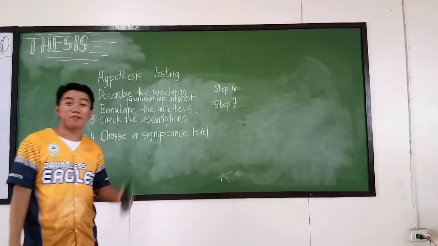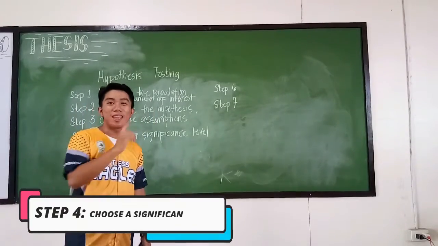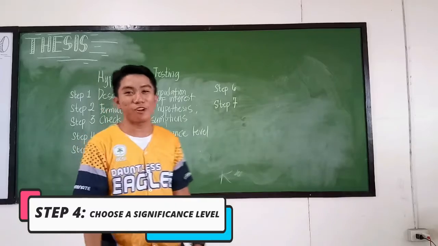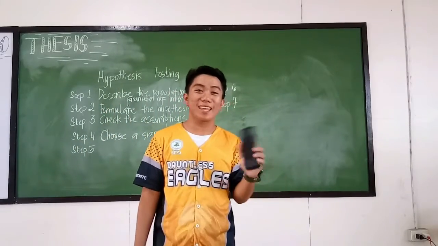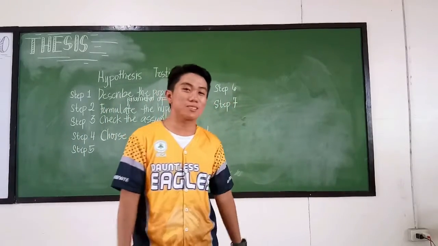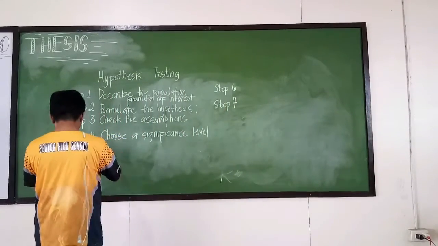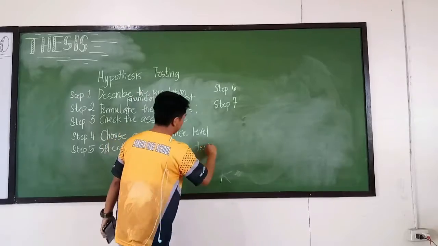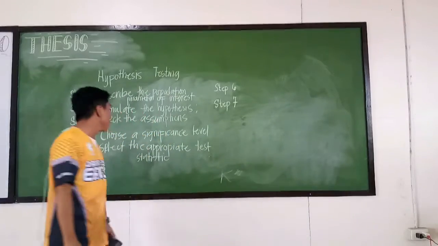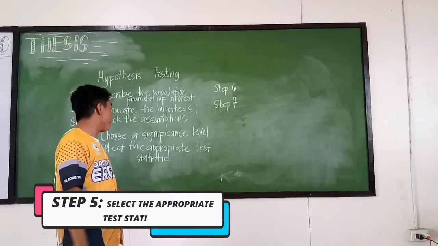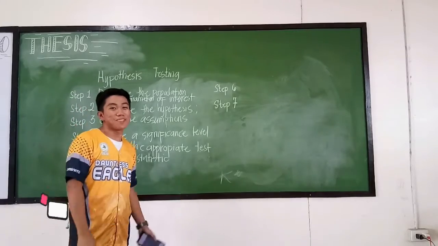So step number 4, choose a significance level. In this step, we're going to choose if we're going to use 90%, 95%, or the 99% significance level. Step number 5. Select the appropriate test statistic.